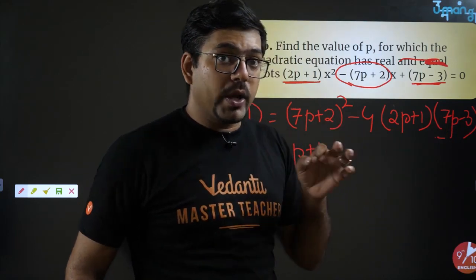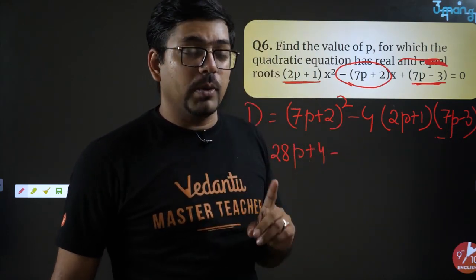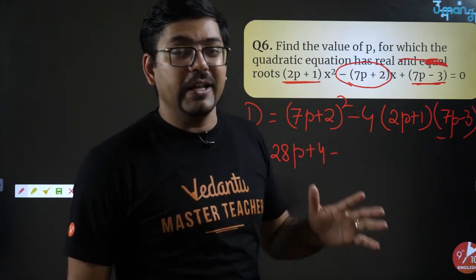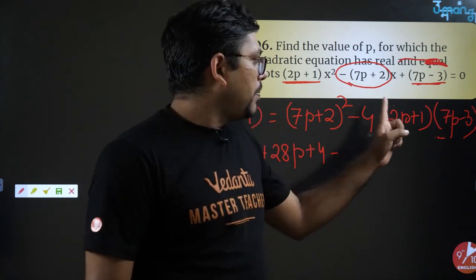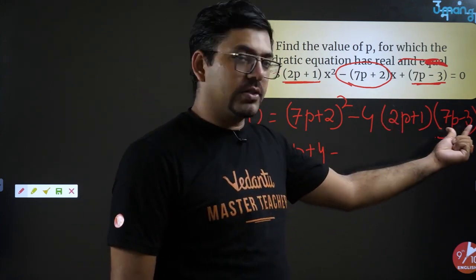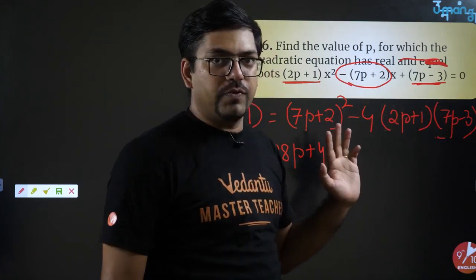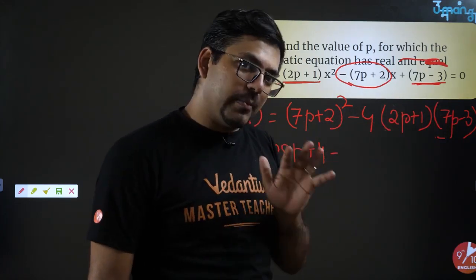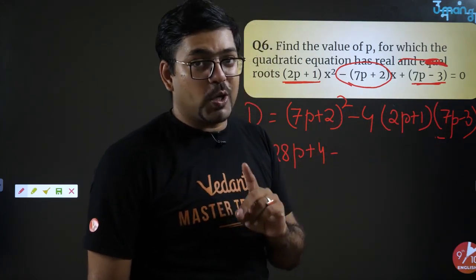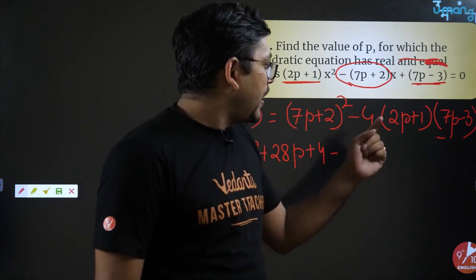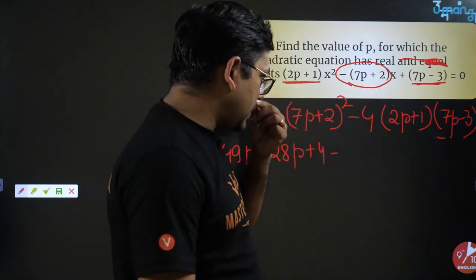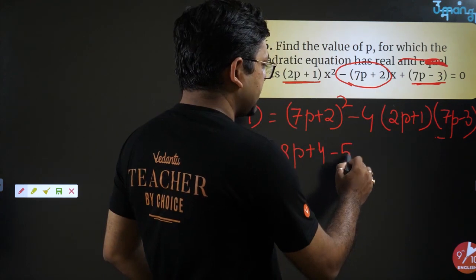So I am doing it directly. If you're not confident of doing it directly, please take a pen and copy. Multiply the second bracket with the third first, then multiply it with 4. I can do it directly, so I am doing it directly. But if you are not confident, do not try to copy. So 2p into 7p, 14p square, 4 times that is 56p square.